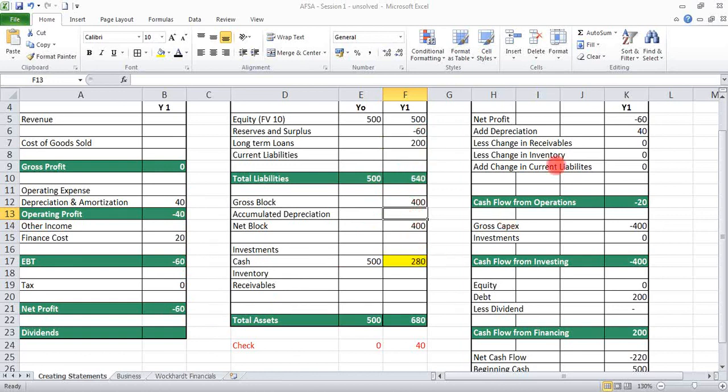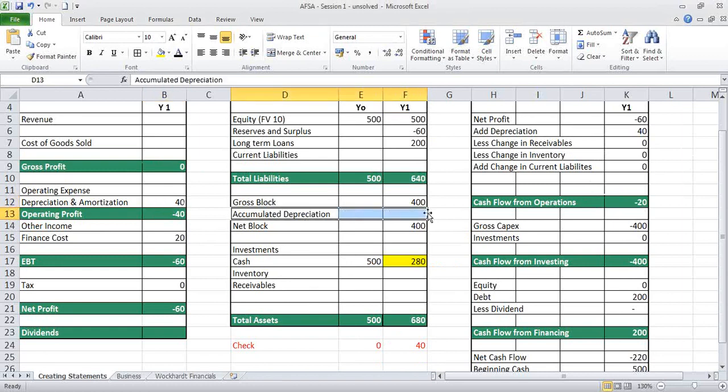You also see that we started with 680 of cash, and 400 of that has moved here. That's a rearrangement of items within the balance sheet on one side. It's still not balanced. Why? Because once we have bought the assets at the beginning of the year, we have lost 40 crore of value during the year.